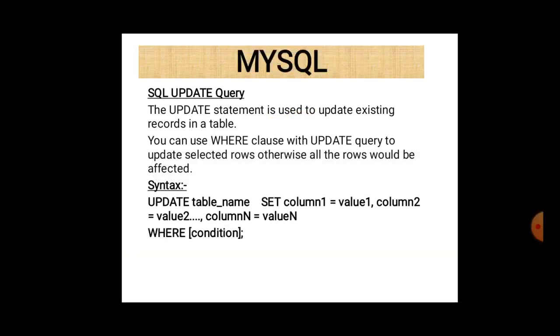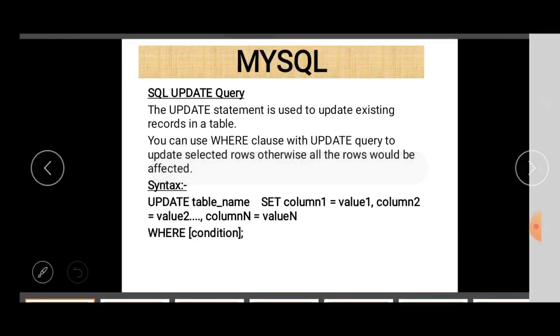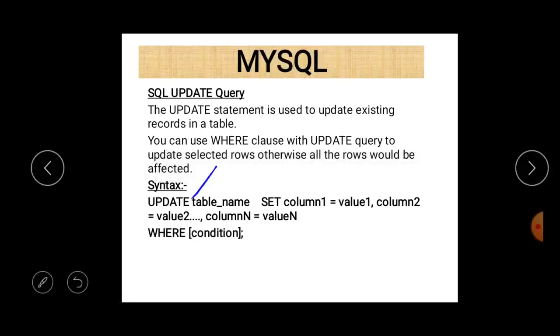So that is the syntax related to update. You can easily see that. First of all, write update, then the table name, then the keyword set, and then the values which you want to update. For example, if you want to update all values of column 1, then we just write column 1 equal to value 1.